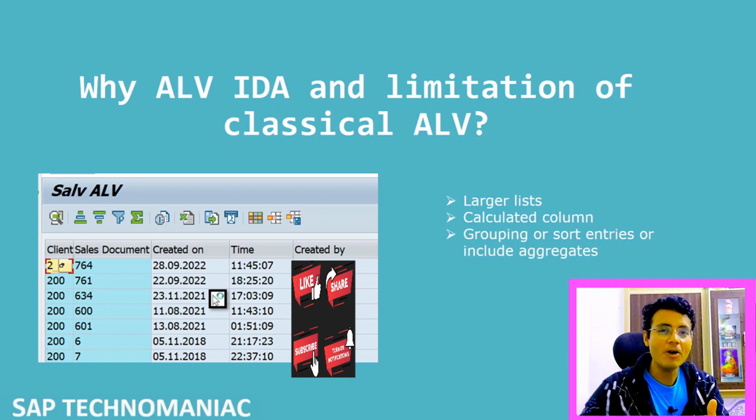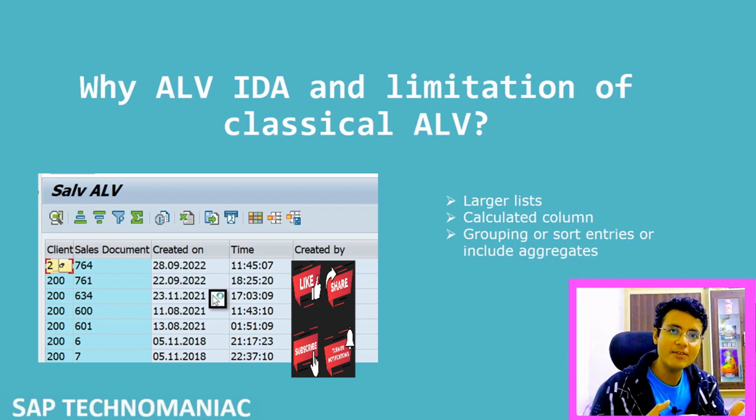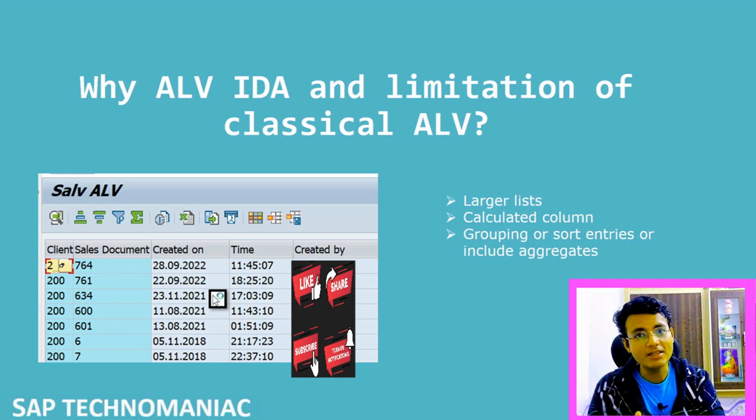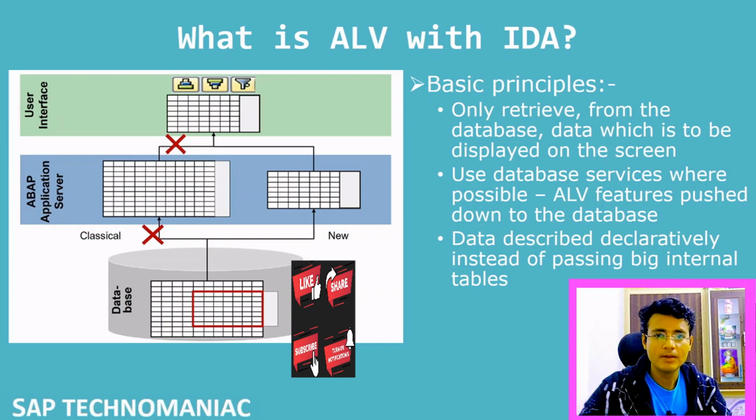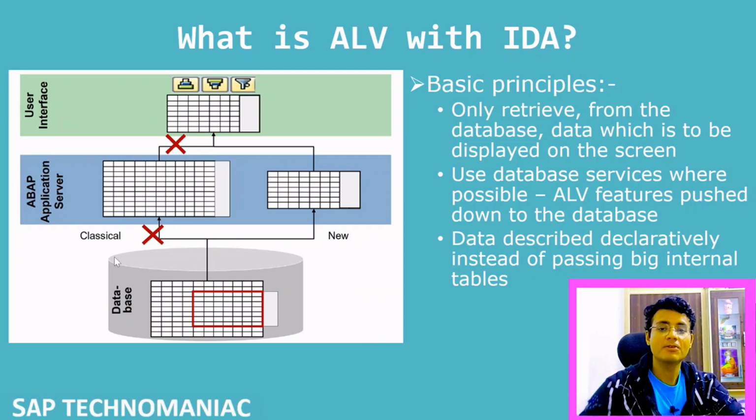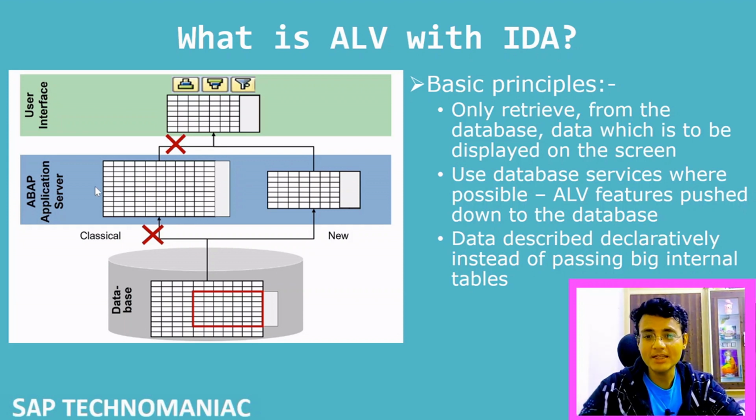Now we will talk about what exactly ALV IDA is and how it overcomes all these issues. You can see in this diagram, we have the database server, the application server, and at the end the user interface, where the user can see the SAP GUI screen and ALV as well.